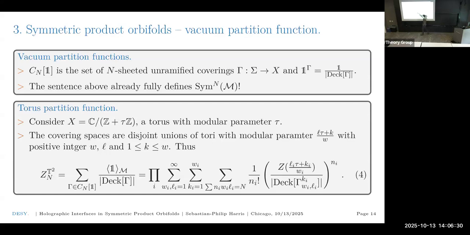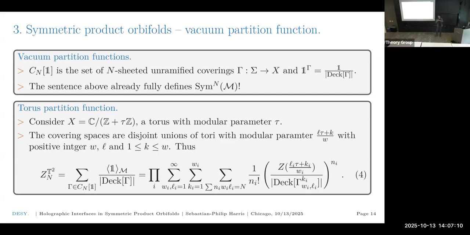So as an example, we can consider the torus partition functions. We choose X to be a torus with modular parameter tau. The unramified coverings of the torus are just disjoint unions of tori, and the individual tori that can contribute are fixed to have a modular parameter that is related to the modular parameter of the original torus by a relation like this, with two positive integers w and l, and some integer k between 1 and w.